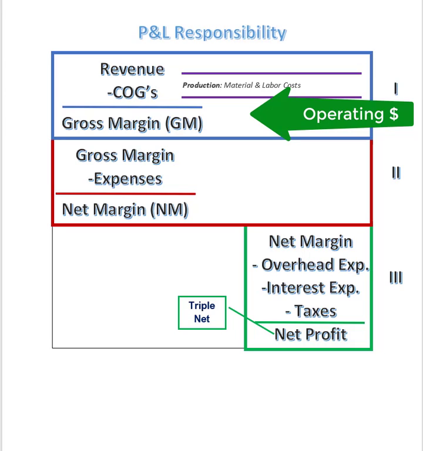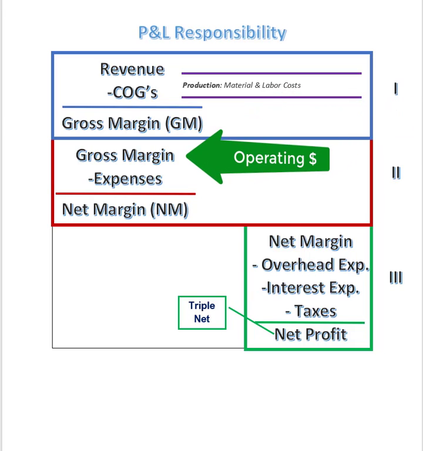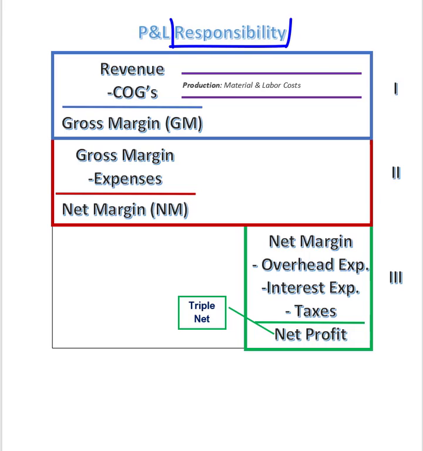The productivity of the labor, the productivity of the equipment, the productivity, if you will, and we'll discuss this a little briefly further on in the supplemental lecture, the business processes associated with the delivery of the products and services. So when we talk about P&L responsibility, what we're really talking about is what functional area essentially is responsible for managing that particular line item on the P&L.